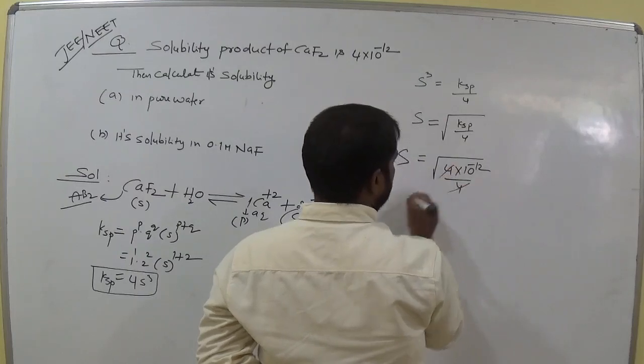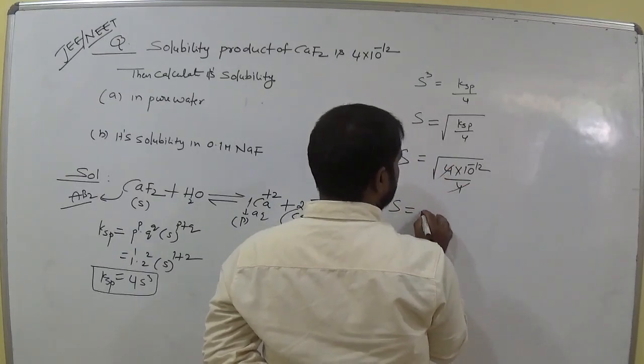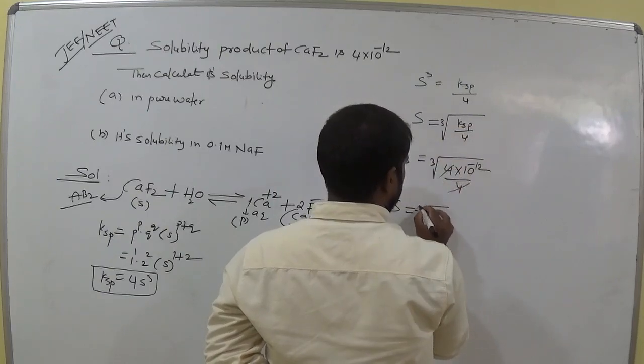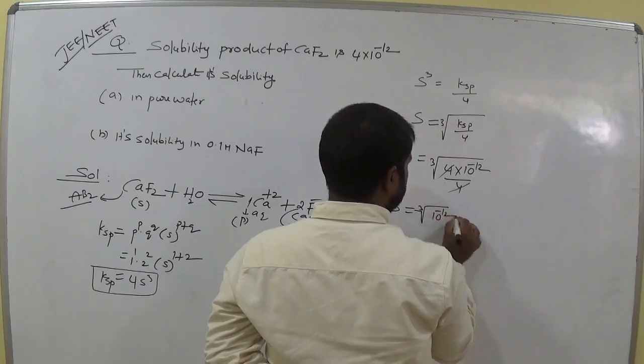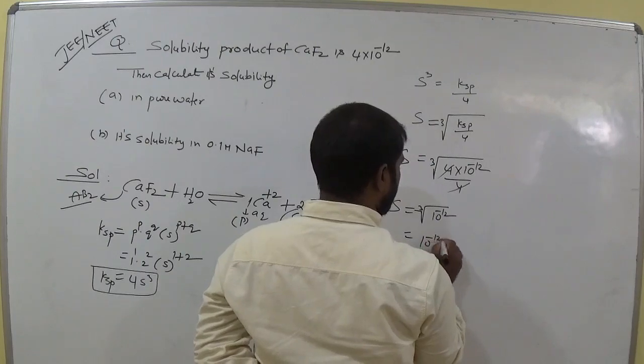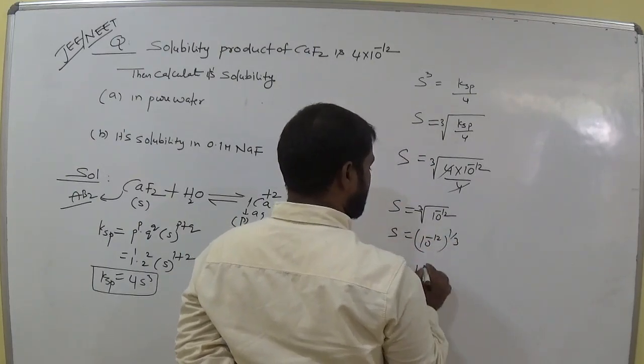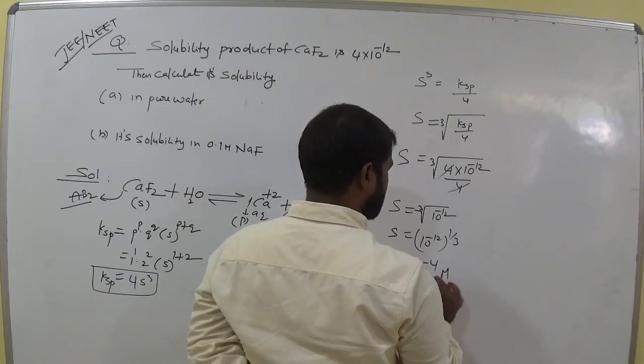Cancel the 4. Now S equals the cube root of 10 power minus 12, that is 10 power minus 12 whole power 1 by 3. Then finally S equals 10 power minus 4 molar solubility.